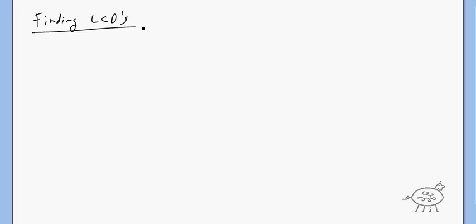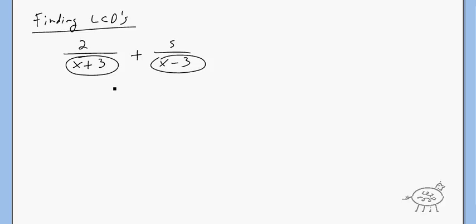Let me give you a bunch of examples. So 2 over x plus 3 plus 5 over x minus 3. It's so important you understand this: x plus 3 and x minus 3 have nothing in common.